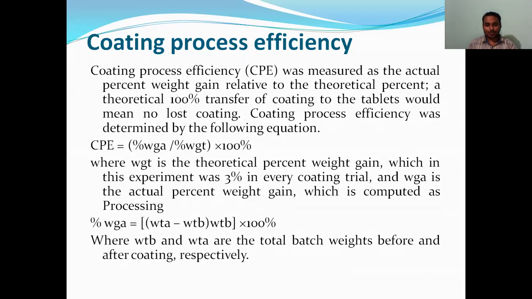So coating process efficiency was determined by the following equation: CPE is equal to the actual percentage of weight gain divided by the theoretical percentage of weight gain, times 100. The experiment used 3% in every coating trial.